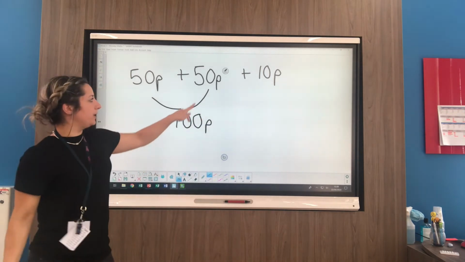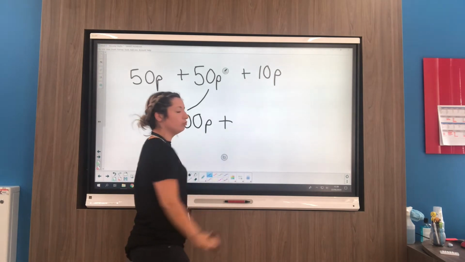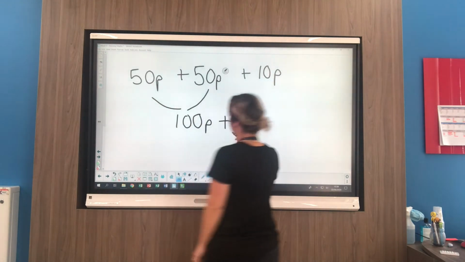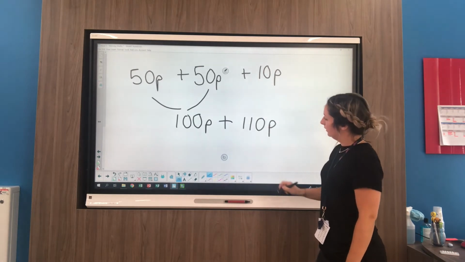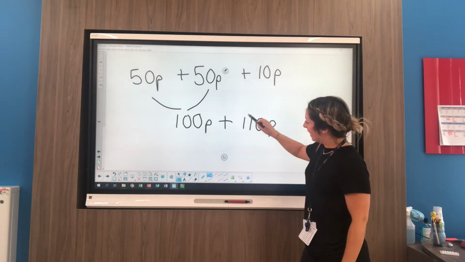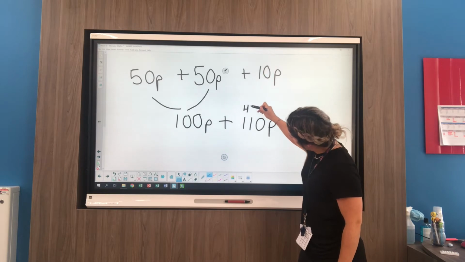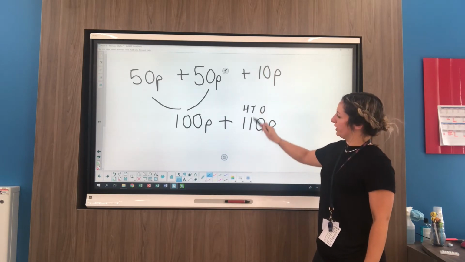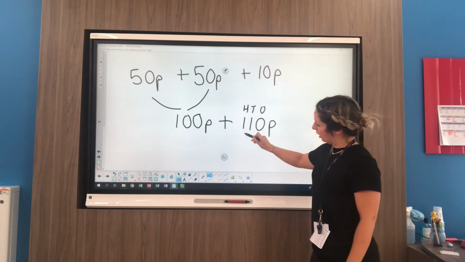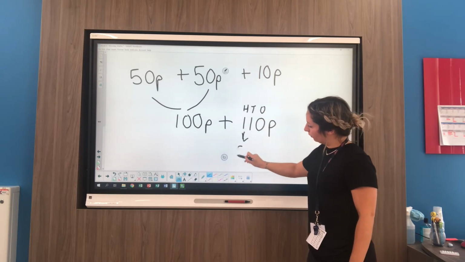So 100p adds 10p. 100 adds 10 is 110. So I know I've got 100 there because that's in my hundreds column. It's my tens column, my ones column. If I've got 100 there, that's the equivalent of £1.